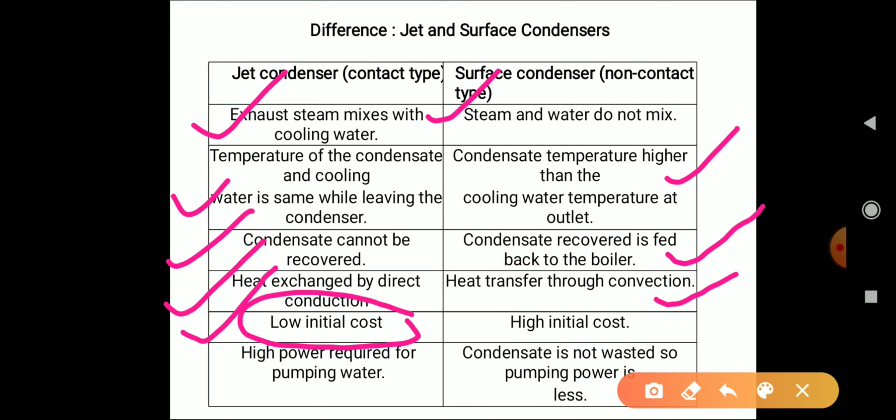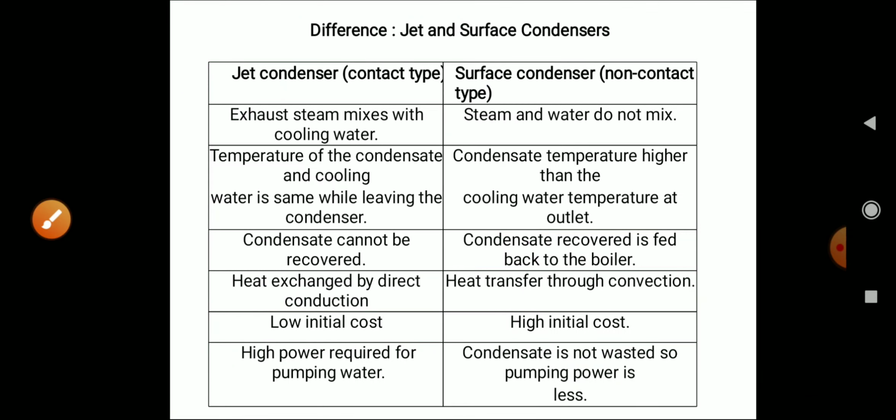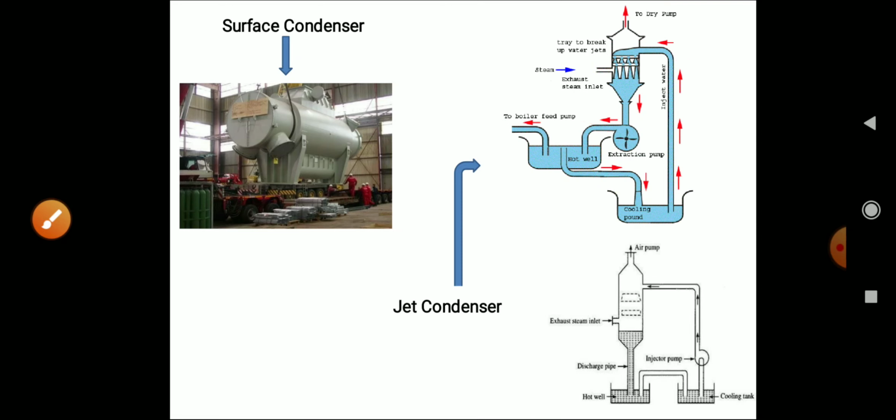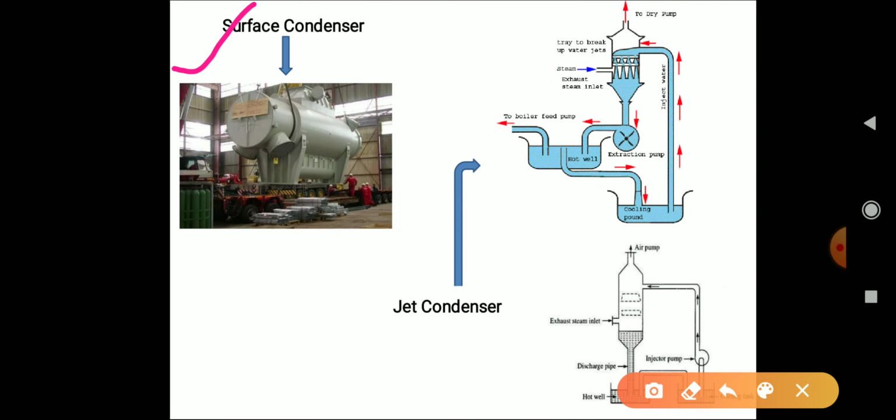In surface condenser, condensate is not wasted, so pumping power is less. See this, the diagram of a surface condenser. This is your jet condenser.